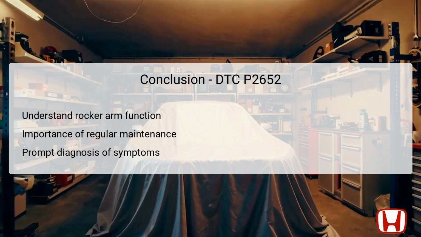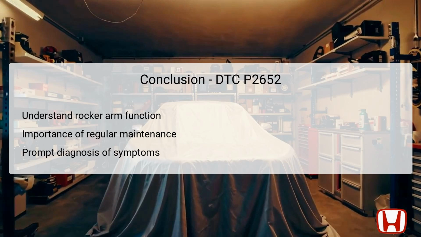In conclusion, the DTC P2652 error code highlights important aspects of the rocker arm oil control system's functionality in the Honda CR-V 2023 and later models. Understanding how the rocker arm oil pressure sensor and control valve function is essential for diagnosing potential issues.